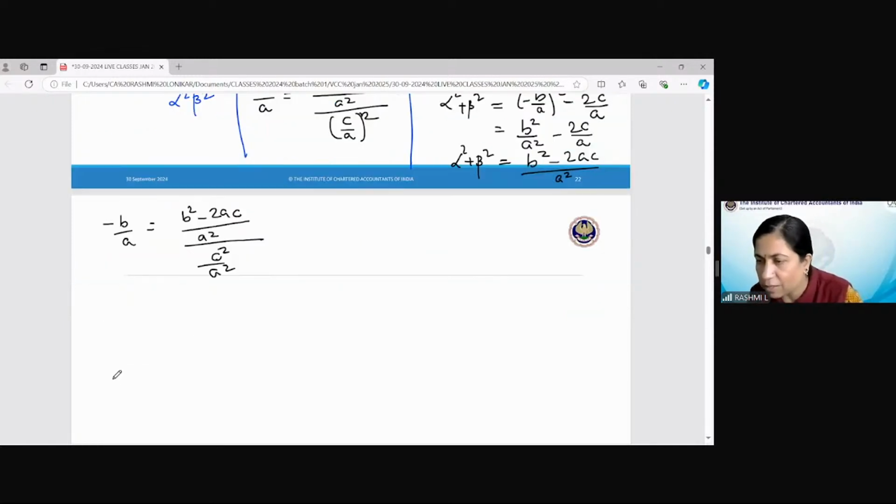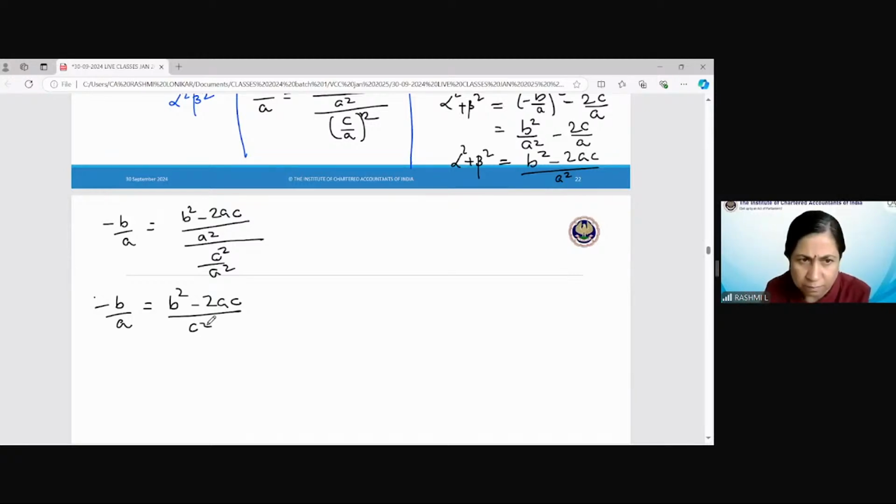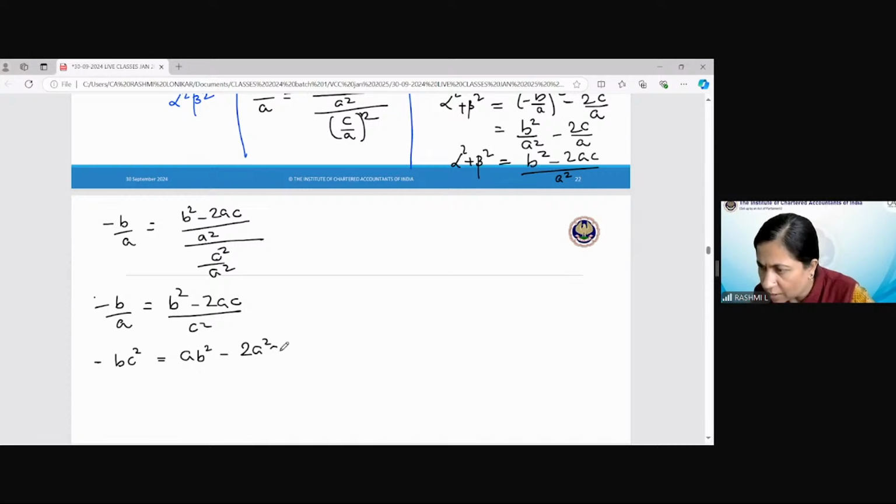So I am left with minus b upon a is equal to b square minus 2ac upon c square. So I cross multiply, what do I get? Minus bc square is equal to ab square minus 2a square c.